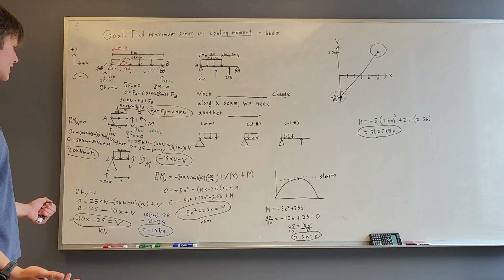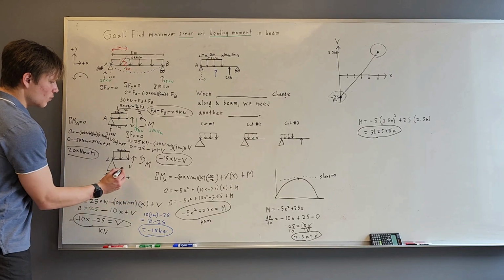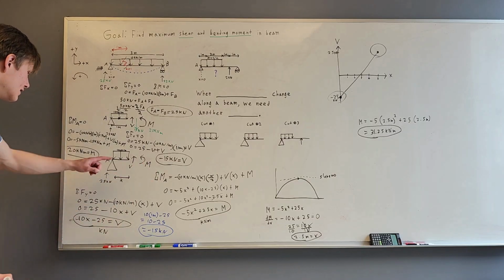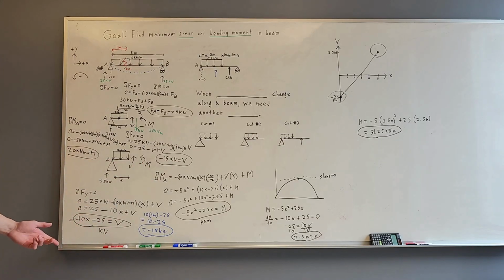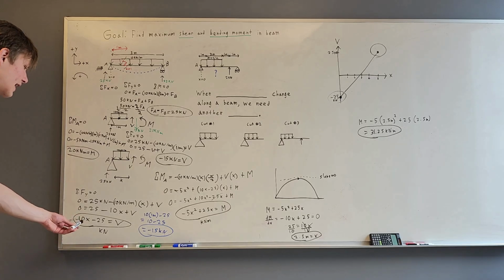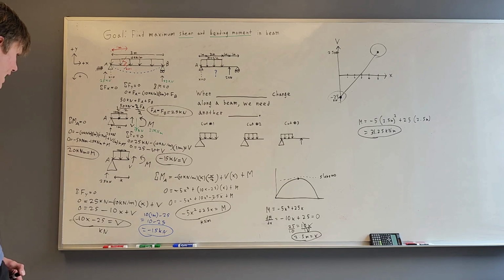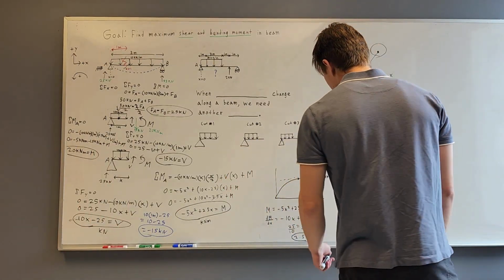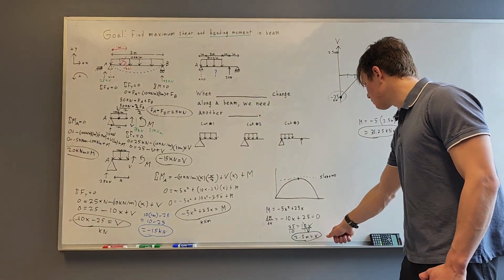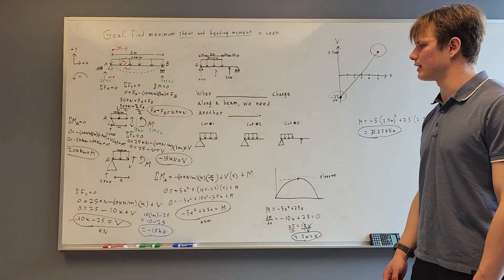And so what that allowed us to do is, when we have a distance of x, we can solve for that internal shear and internal moment in terms of x. And what that allows us to do is we can sub in any x value we want, and then we can find that shear and find that moment. And then that is very useful, because using those equations, we can find the location of the maximum moment and just simply sub that in to get the answer we're looking for.